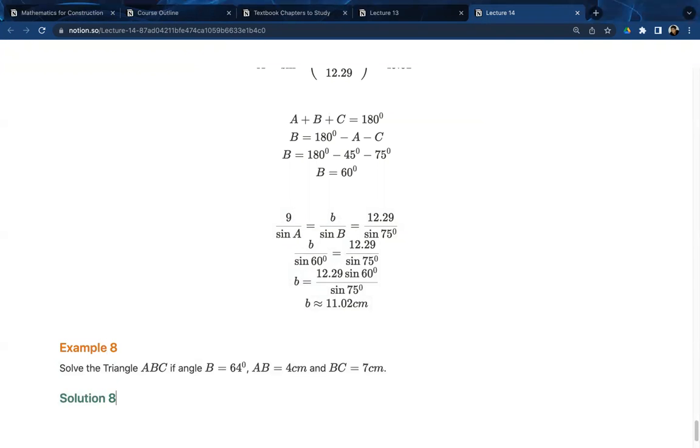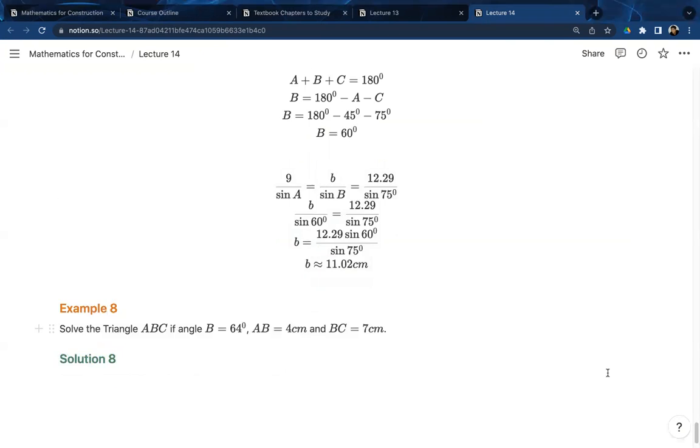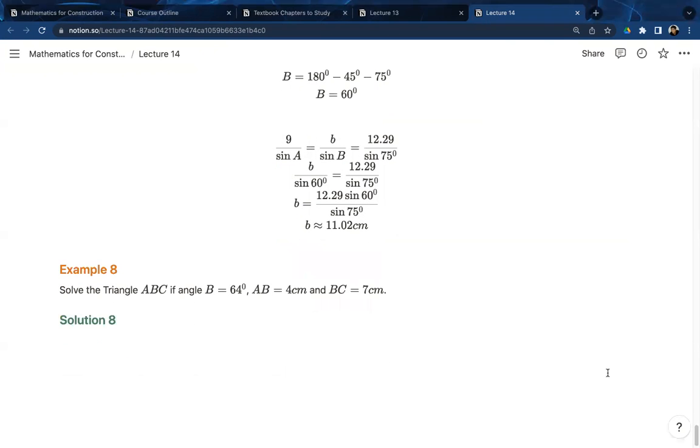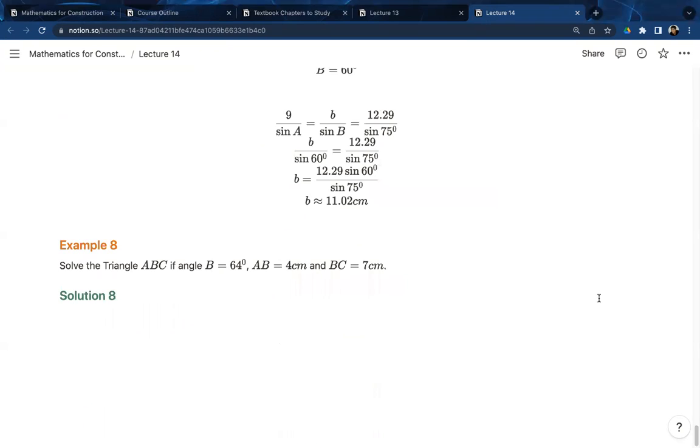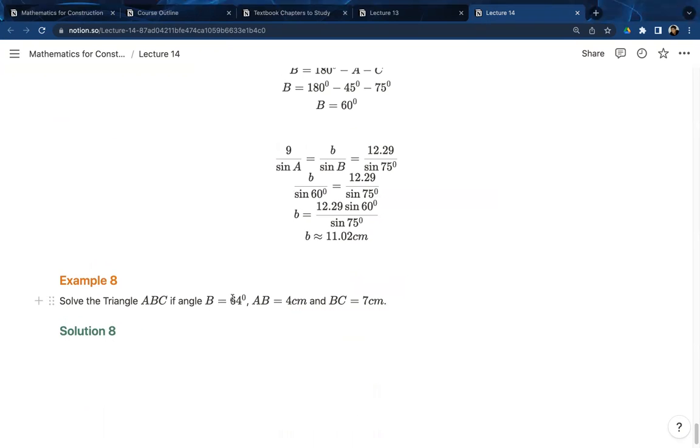And solution 8, right? So again, follow the same setup strategy. Solve the triangle means find all the sides and angles in the triangle. You're given ABC, so you could use the same diagram here and just label the sides differently. B is the angle you're given, which is 64 degrees. AB is 4 and BC is 7.